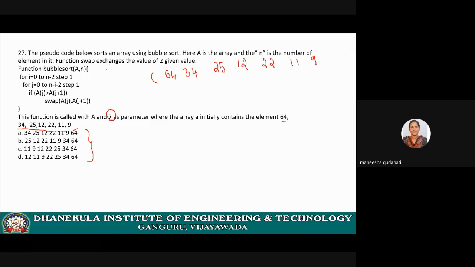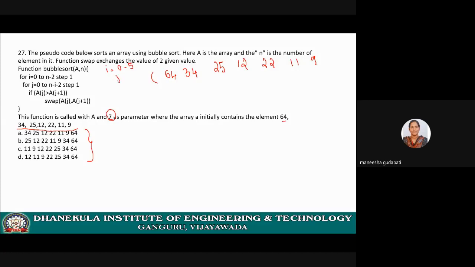Initially i value equals 0. The i value can move from 0 to n minus 2. What is the n value? N value is 7, and 7 minus 2 is 5.